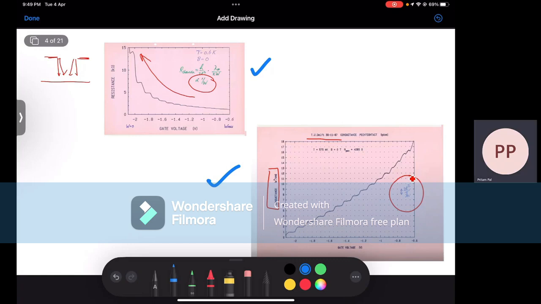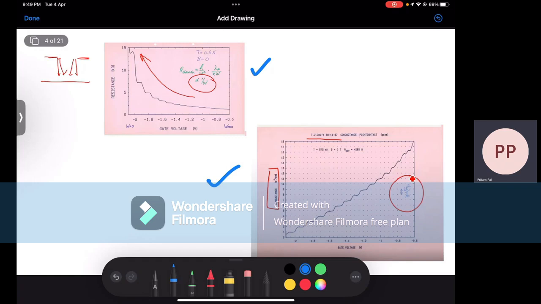It shows the resistance, which is the voltage divided by the current, or conductance, for one of these constrictions made in a two-dimensional electron gas, just like I explained it to you. What's on the x-axis is the gate voltage. In the experiment, they applied the same voltage on the two gates of the split gate, and they started with a more positive voltage. Then they made it more and more negative, and the resistance increases, right?